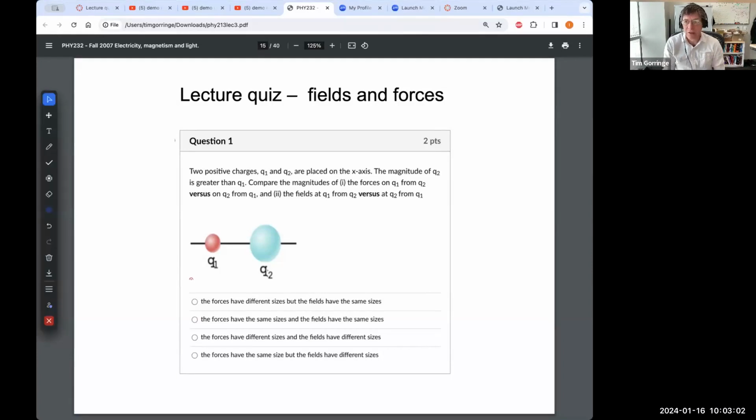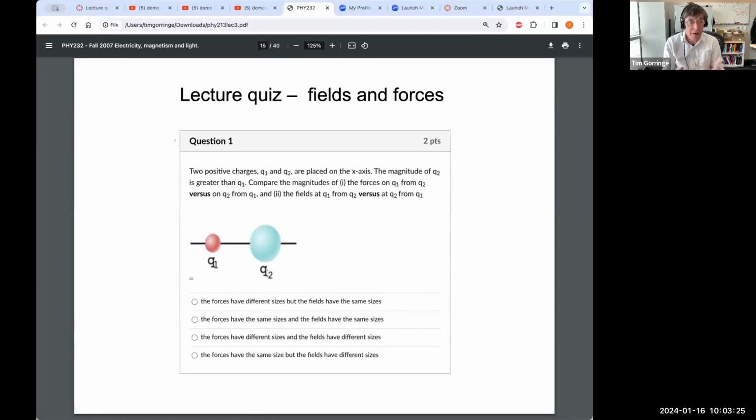Okay, it's 10:03. I'll interrupt. The correct answer to this problem is that the forces that Q1 and Q2 experience, since they're interacting, they both experience mutual forces, they're the same size, the same magnitude, the same strength.